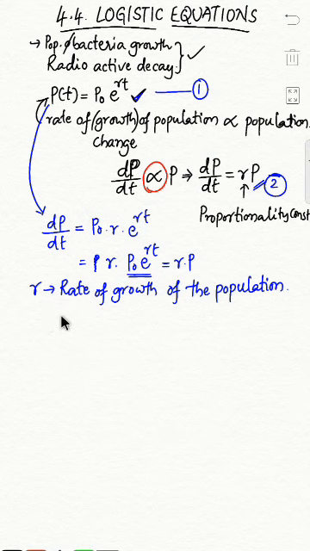Suppose there is the earth. The human population on earth, how much is it now, like 7.5 billion.